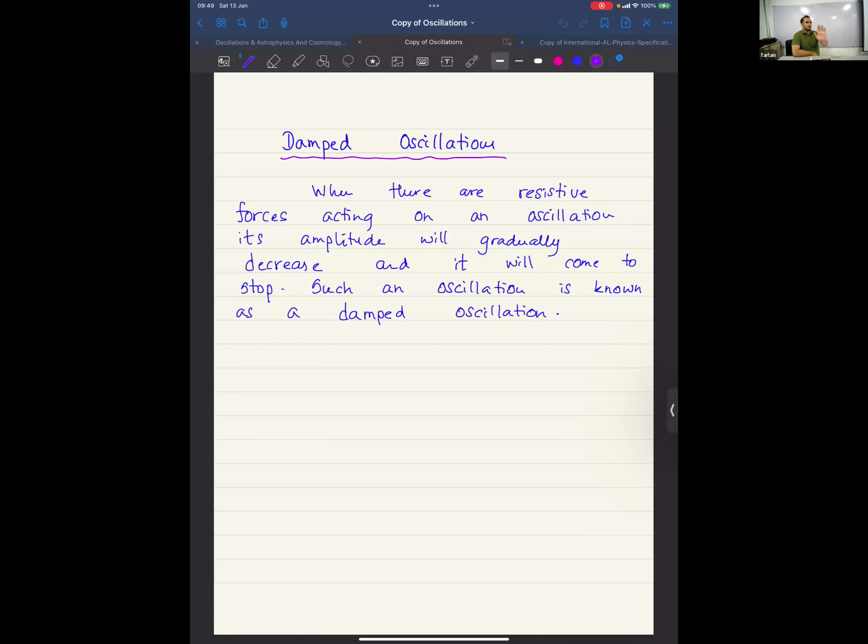You can enjoy your swing, and gradually the amplitude will reduce little by little. This gradual reduction of amplitude you call damping. If it is gradually reducing, step by step, then you call it light damping. That means only a small amount of resistive forces is acting.